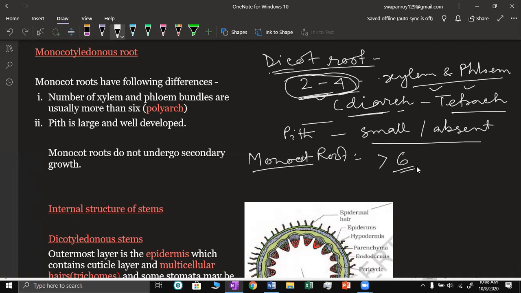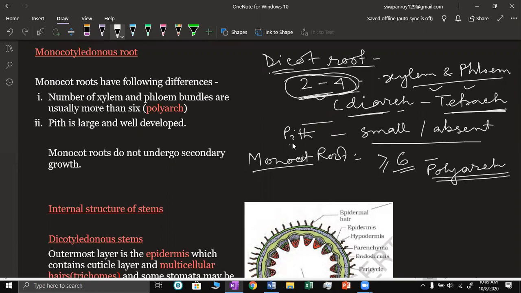In that case we call it hexarch, or polyarch condition, that is, many xylem and phloem bundles are there.